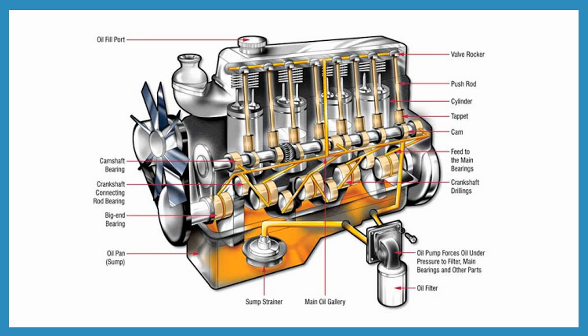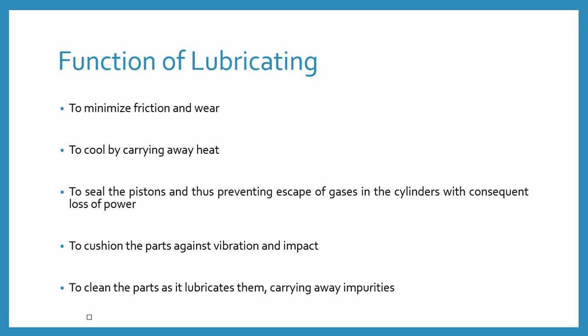Now, students, we start the discussion of a new subtopic, that is the function of the lubricating system. First of all, we use the lubrication system to minimize friction and wear.